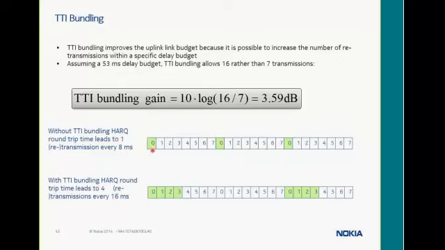What we're looking at is, as I was trying to describe earlier, if I have a transmission here in normal mode, without TTI bundling, I have one single redundancy version transmitted here, then I retransmit it here, then here, and then here. So in this particular example, I have 3 different transmission blocks sent in the uplink versus the 8 that I have here.